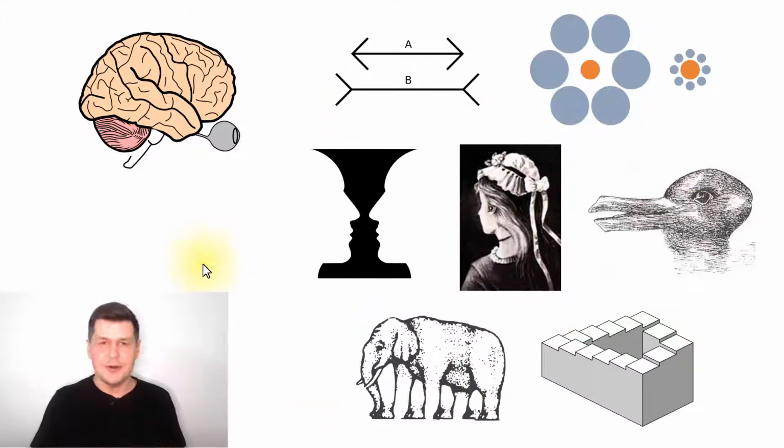So these are all different kinds of illusions. There are 8 different optical illusions.